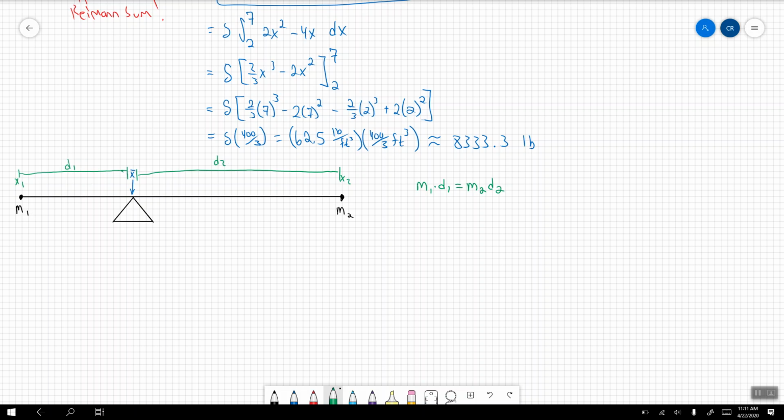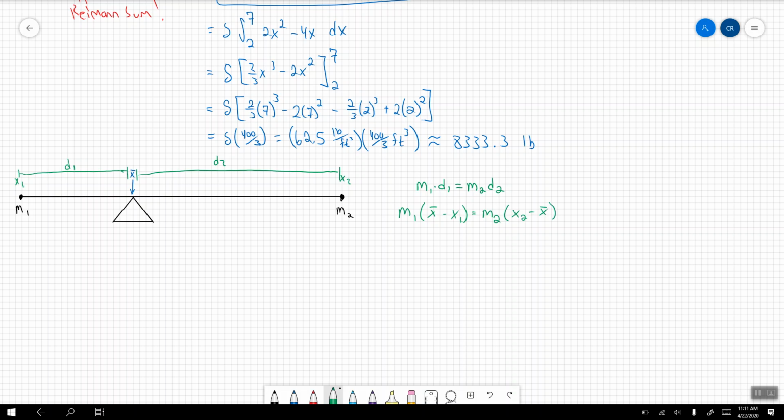Since it's in equilibrium, they should be equal to one another. Great. We have an added bonus: d1 can be interpreted as x bar, that balancing point, minus x1, and d2 can be thought of as x2 minus x bar.